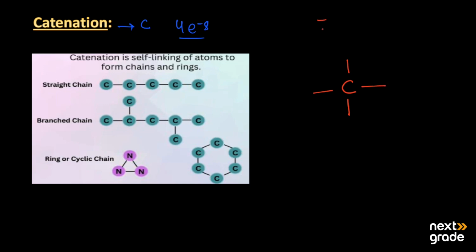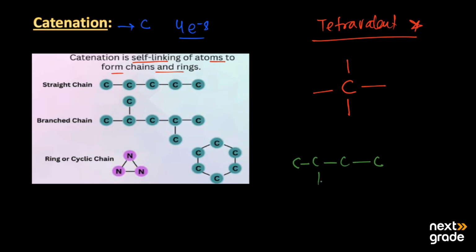It is mainly tetravalent, so its valency is 4. Catenation is the property of carbon in which self-linking of atoms takes place to form long chains or rings. It means carbon can combine with other carbon atoms and make long chains, and these chains may be of two types.